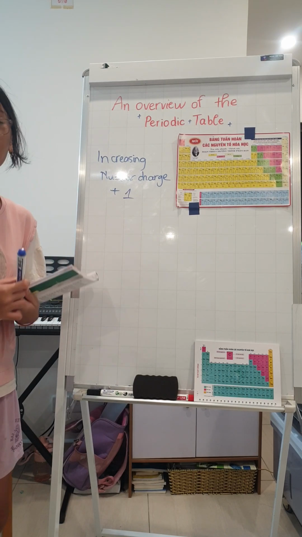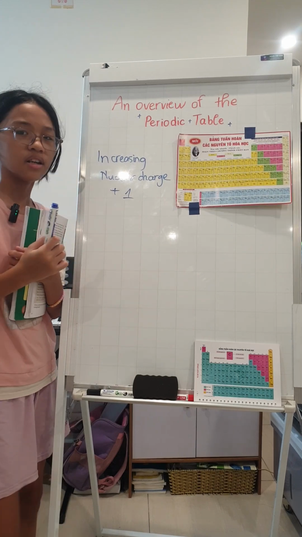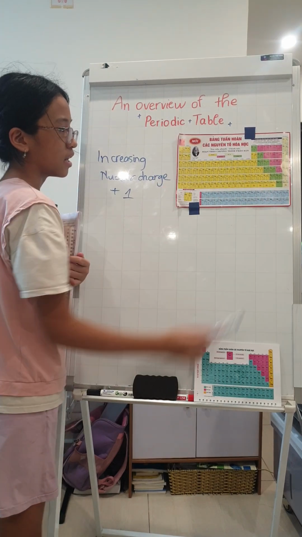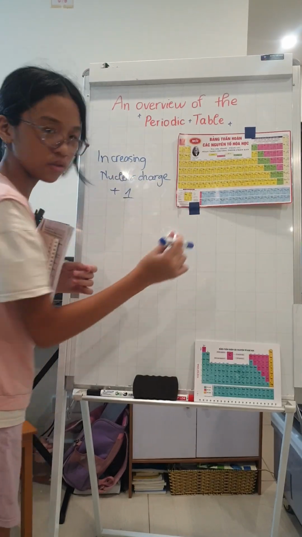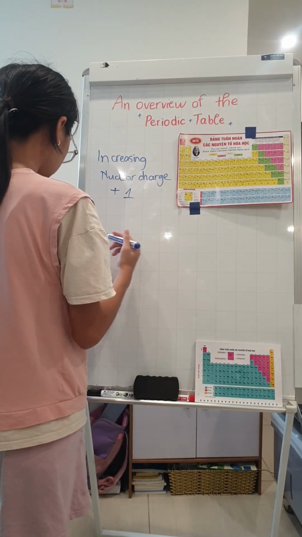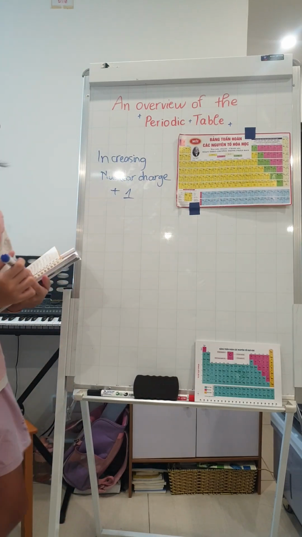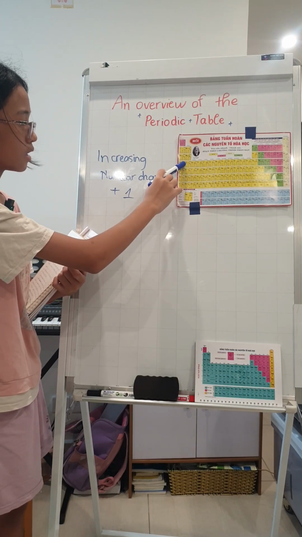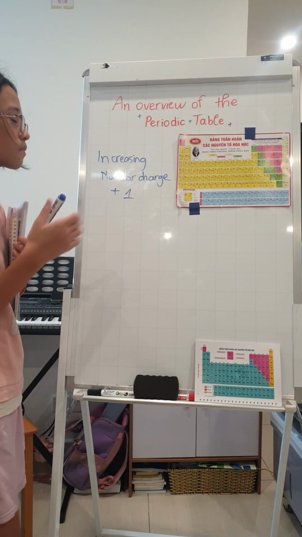And secondly, the periodic table isn't arranged in an order like up, down like this, but they're divided into specific rows. So elements in the same row have the same number of electron shells in the atom.